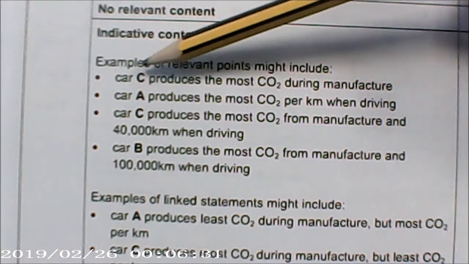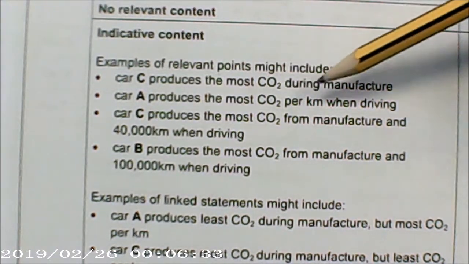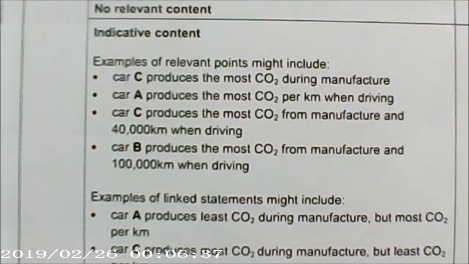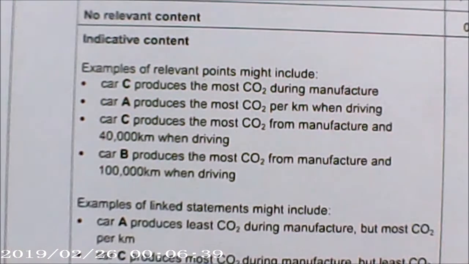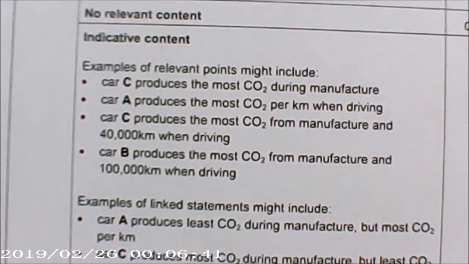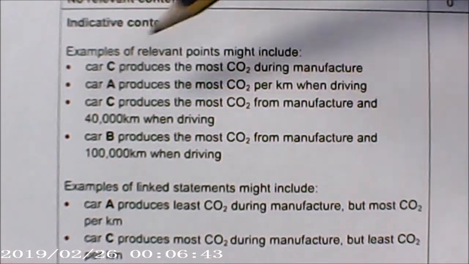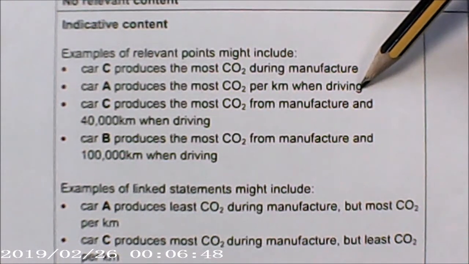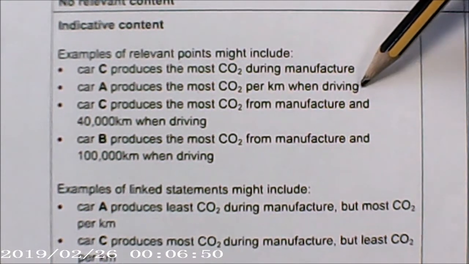So if you said that car C produces the most carbon dioxide at manufacture, or you've said that car A produces the least, either one of those, then that is a relevant point. If you said that car A produces the most carbon dioxide per kilometre, then that is a relevant point.